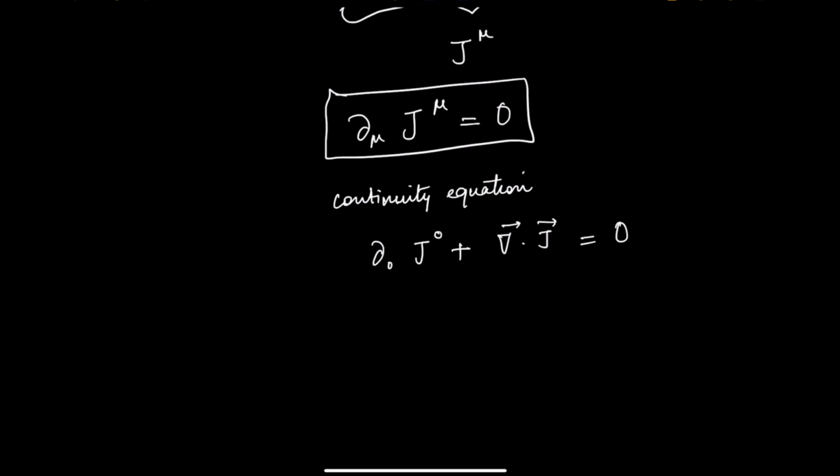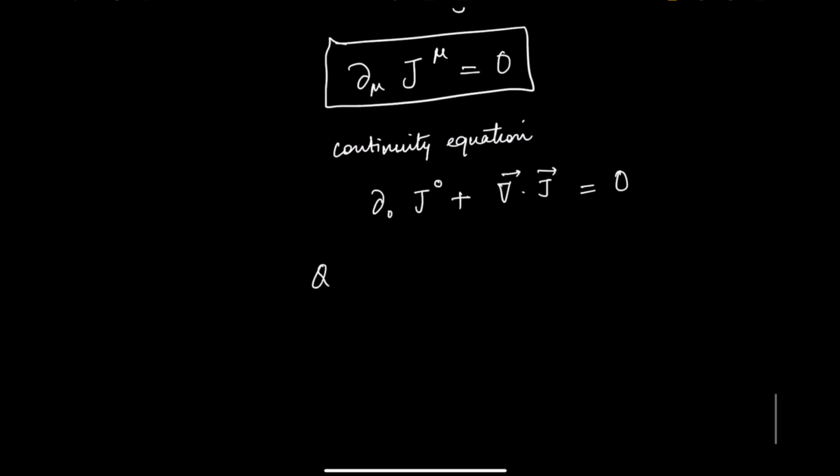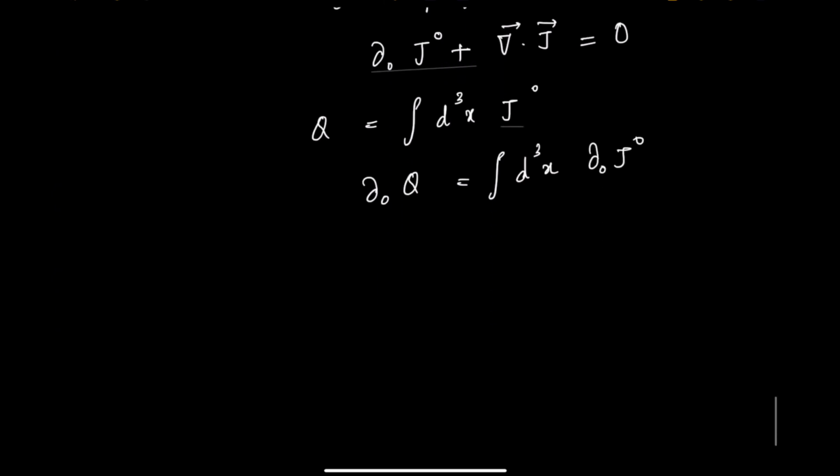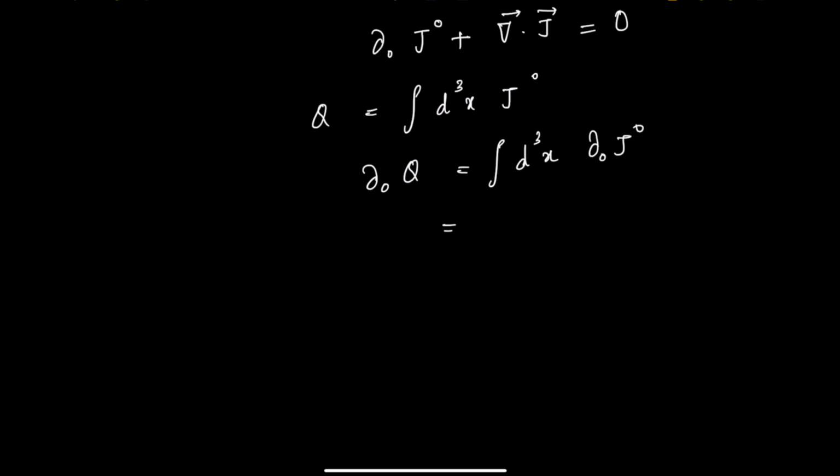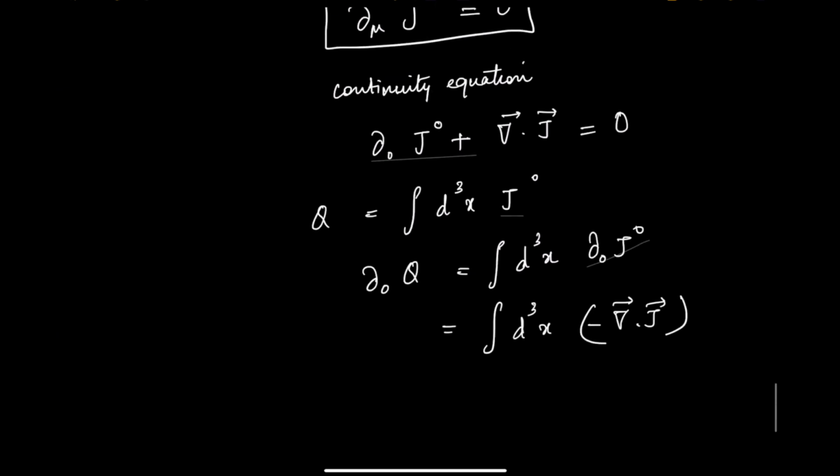So we can define a charge Q such that the integral of the density gives Q. Now if I vary both sides with respect to time, then I can write minus the divergence of the current, from the continuity equation.